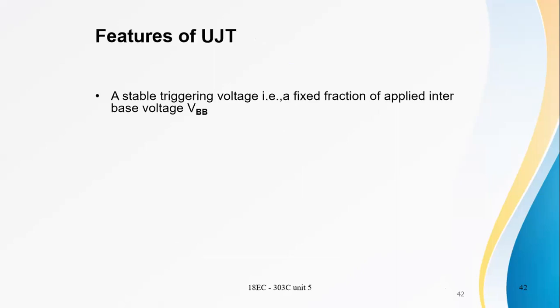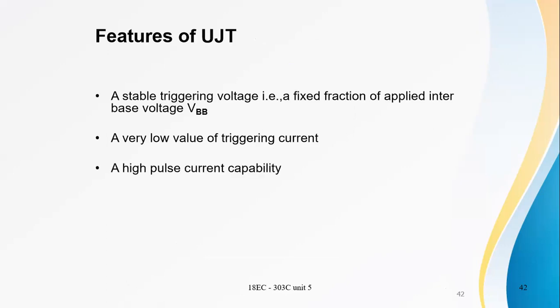Features of UJT: a stable triggering voltage, that is a fixed fraction of the applied interbase voltage VBB, and a very low value of triggering current. Only a low triggering current is required. A high pulse current capability, negative resistance characteristics, and the cost is less. These are the features of UJT.